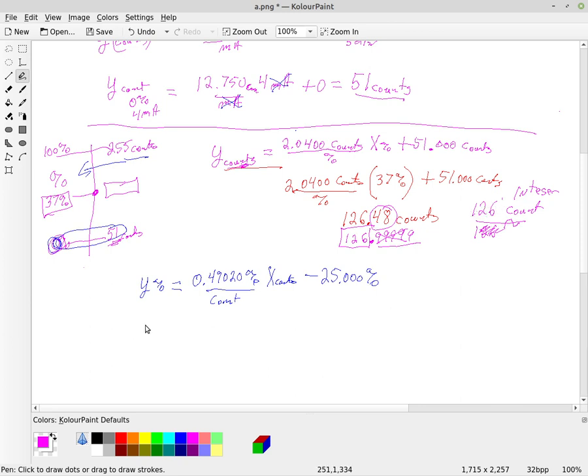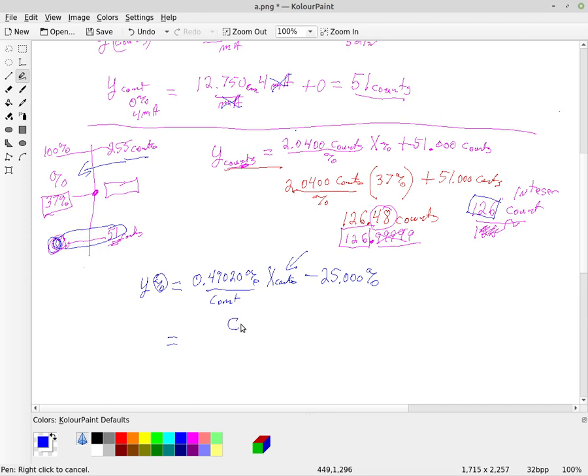So now let's say that we want to actually know, well, what is the percent? How full is the tank? Okay, so we come back down here to this equation down here, and we can calculate how full the tank actually is. So we just take this 126 count and stick it back into this equation to get it back into a percentage. And so this would be our compute statement.